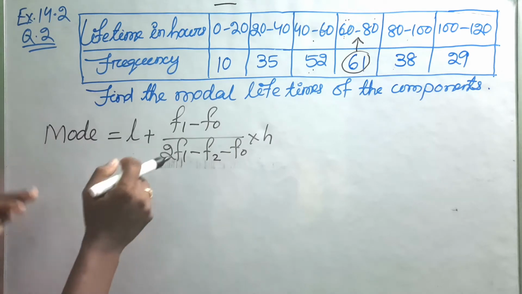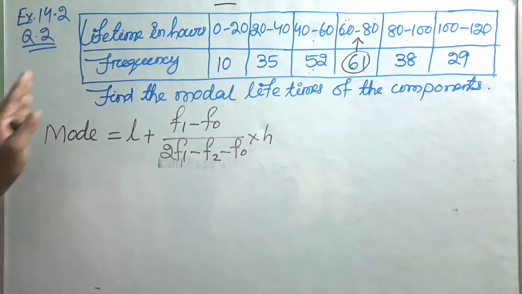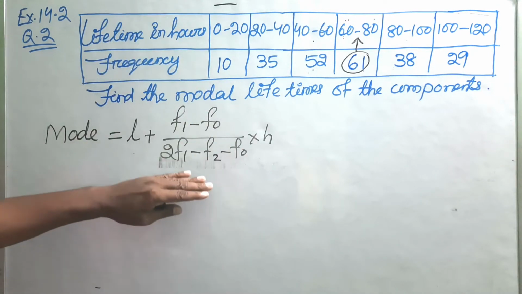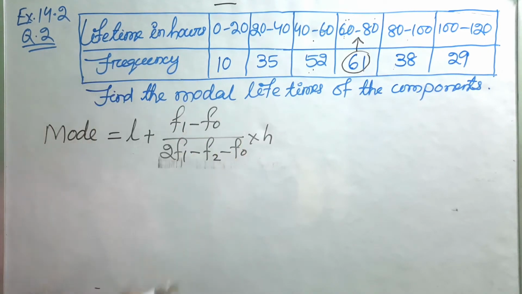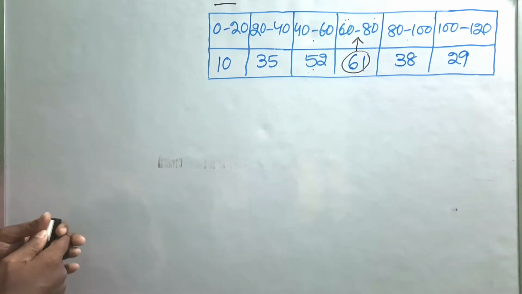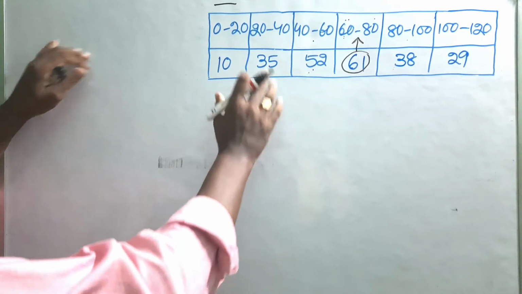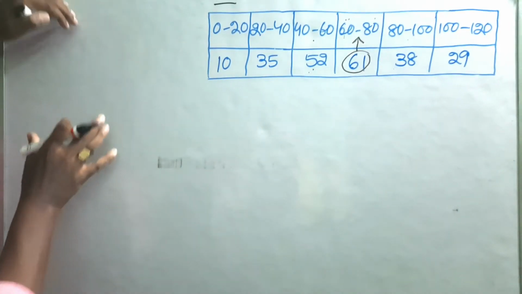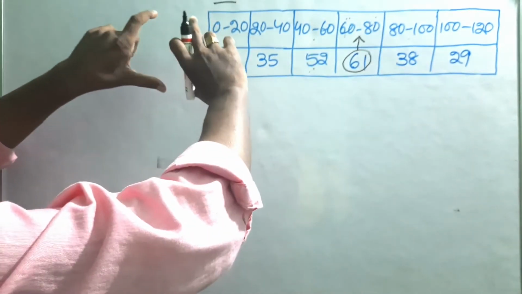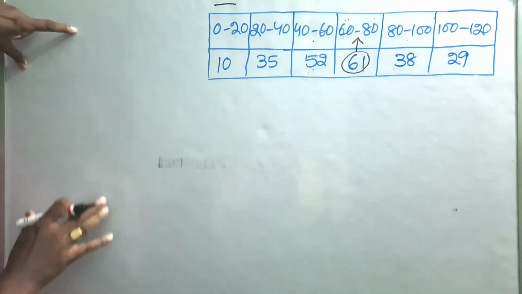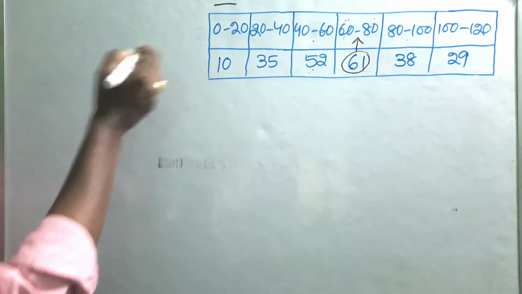Now let us solve this one. First of all let me erase this because there is very little space on this whiteboard. Now let us write this data in column form. Here it is given in row form, so we have to write it in the column.